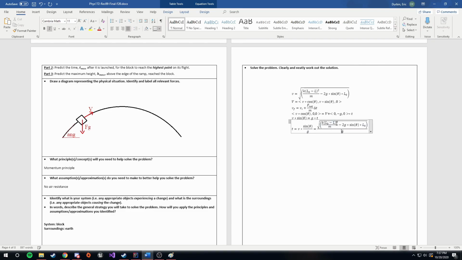Oh, did I screw up? No, I think I'm okay. Alright, okay. Maybe. Equals. Could we do some shenanigans with this to make it look nicer?